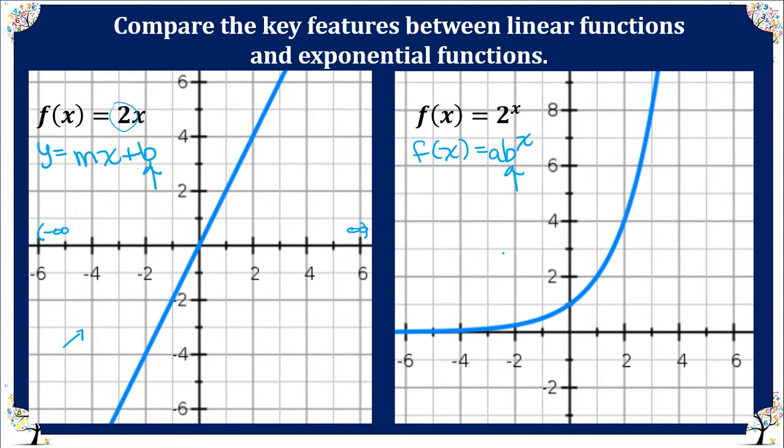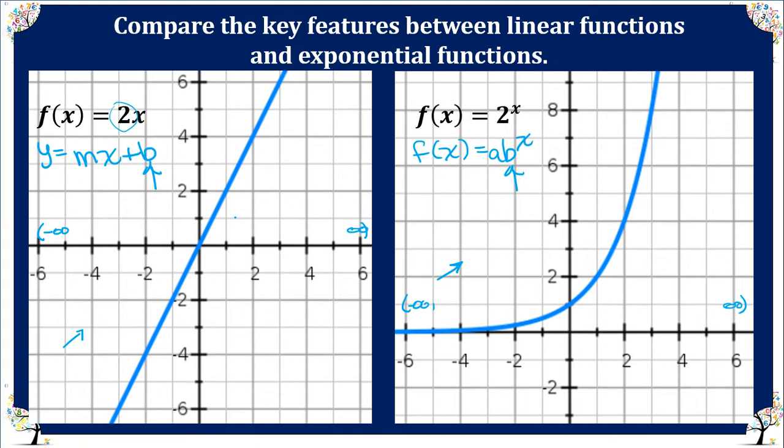The same for this exponential function. It is always growing. So our interval of increase would be from negative infinity all the way to positive infinity. It is increasing and it does not have an interval of decrease. This graph is constantly increasing and it's never going down.